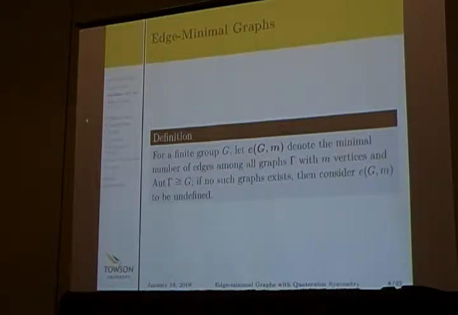So I'm interested in this talk in edge minimal graphs. We'll define this invariant, E(G,m), and it's going to denote the minimal number of edges of a graph that has m vertices and automorphism group isomorphic to G. If no such graph exists, then we're just going to consider this invariant to be undefined.